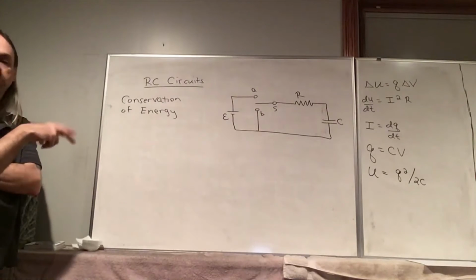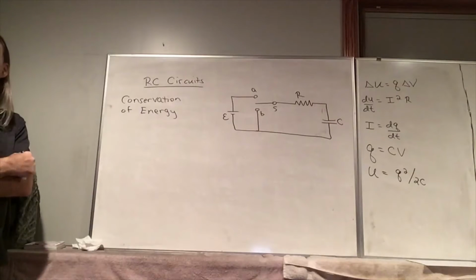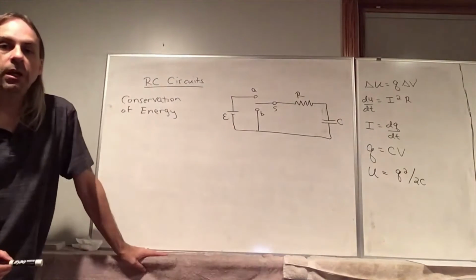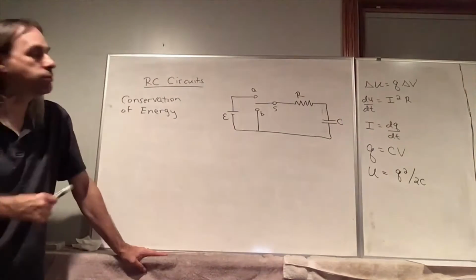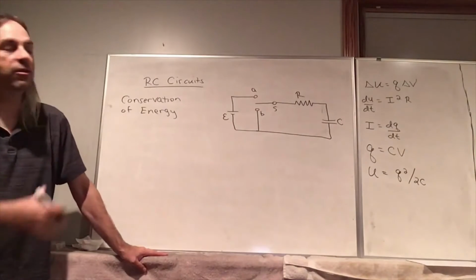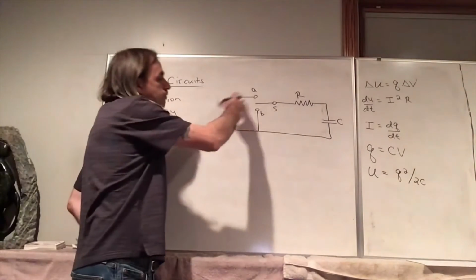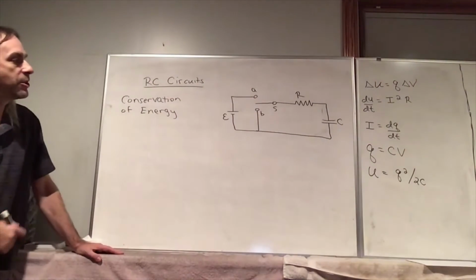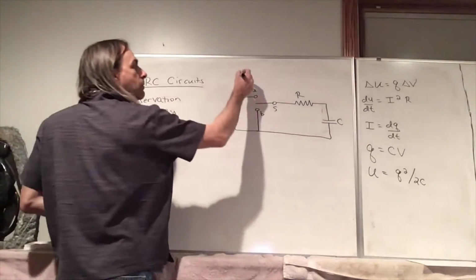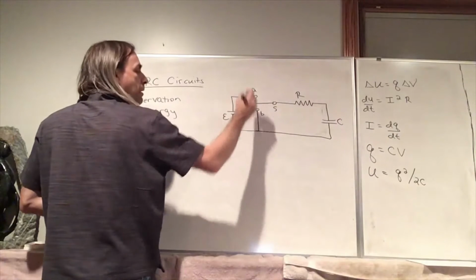Let's consider a time interval dt, where a certain charge dq is going to go through any part of the circuit. We have a current flowing through the circuit in time dt.